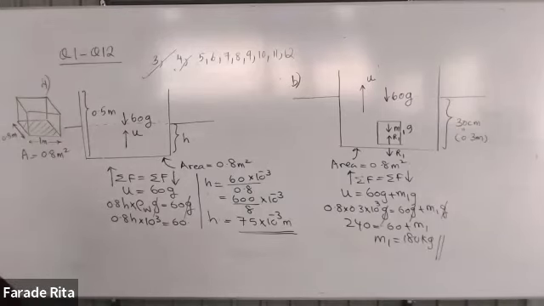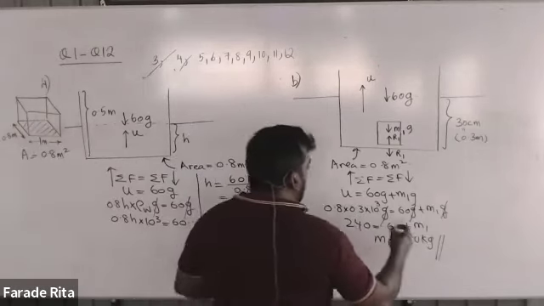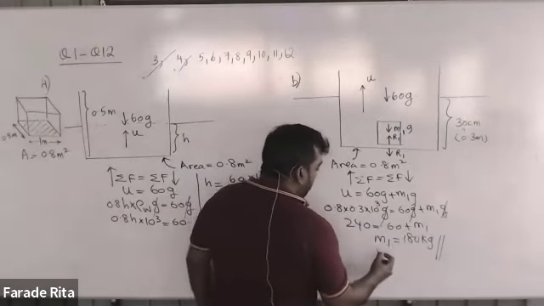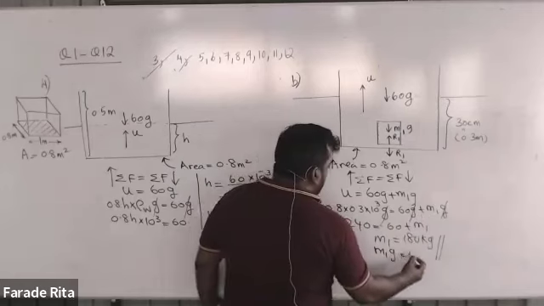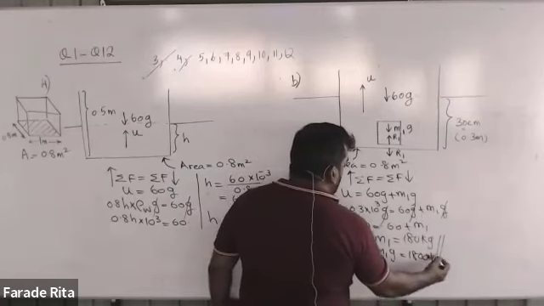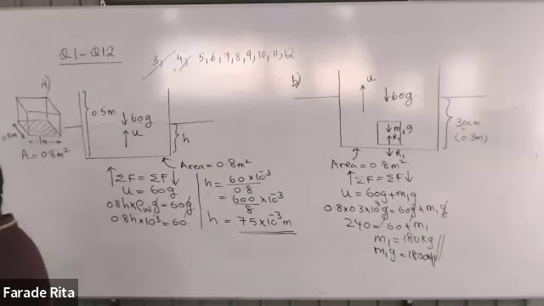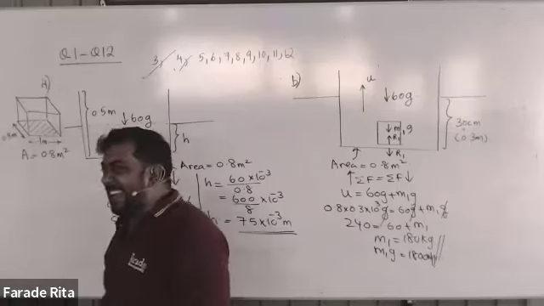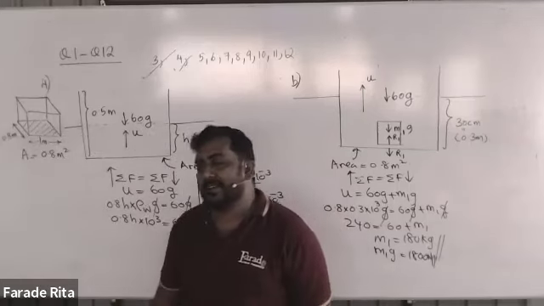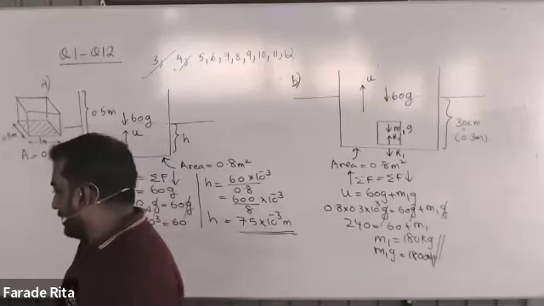Yes, the weight of the ballast. Weight means mass. If you want M1G, 1800 newtons, put it, it's okay. Normally we say weight like mass. If you want, put the weight.